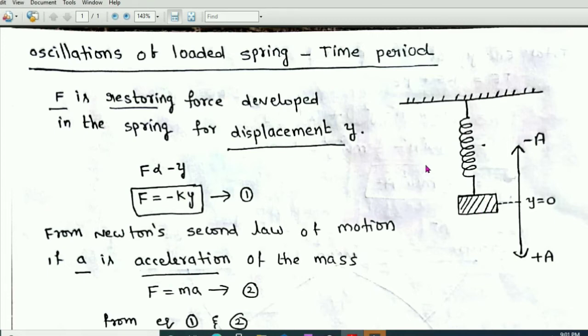If F is the restoring force developed for a displacement Y of the mass, the restoring force is directly proportional to the displacement in magnitude but opposite in direction.